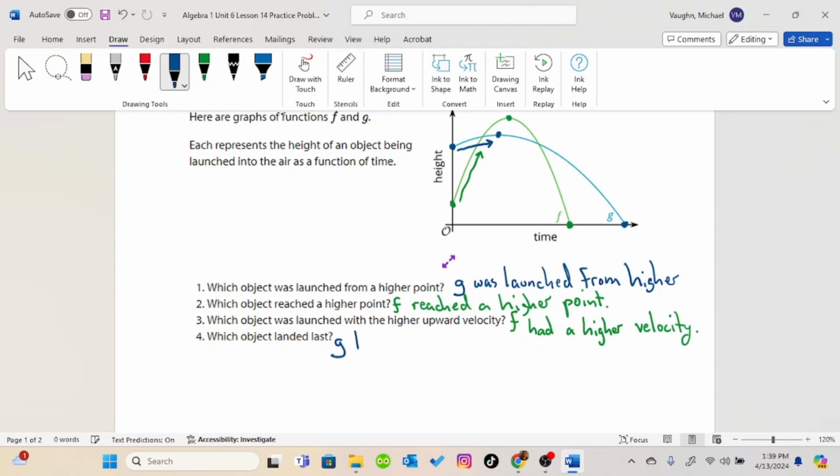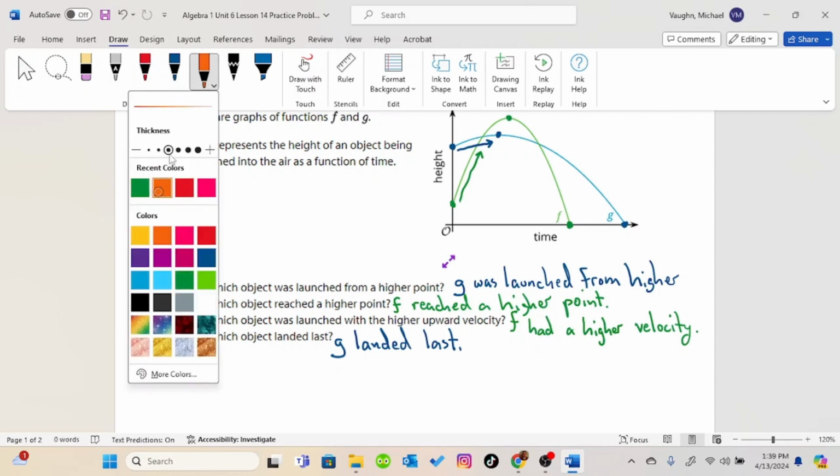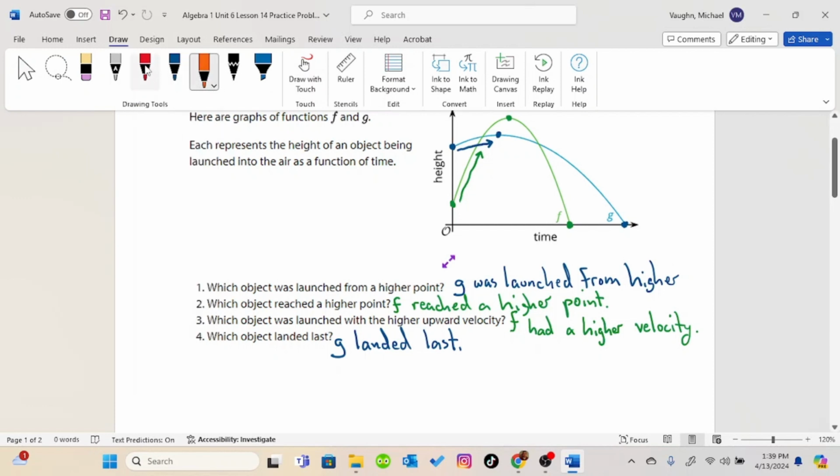So G landed last. If you have any questions about how to interpret these types of graphs, please use class time to ask for further clarification.